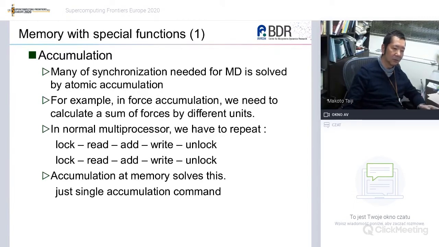In a normal multiprocessor, we have to repeat lock, read, add, write, and unlock, and we need to repeat this. So our memory supports atomic accumulation at the memory. Just a single accumulation DMA finishes this kind of addition, so we can decrease the time for synchronization.